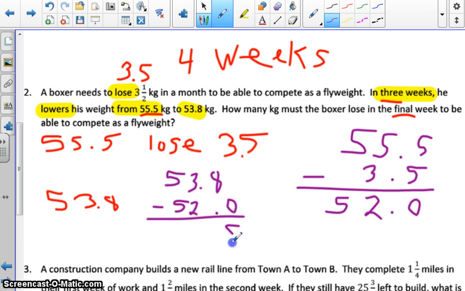And you have 0.8. 3 minus 2 is 1. So he needs to lose an additional 1.8 kilograms until he gets from 53.8 to 52, because the difference would be that. If he's at 53.8, he needs to lose 1.8 till he gets down to 52. All right.